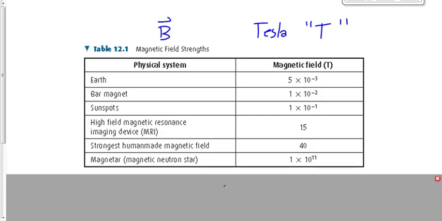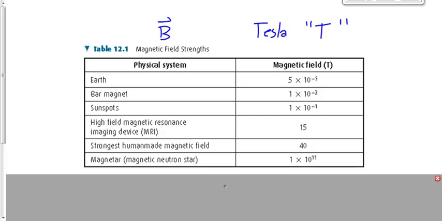Now, that doesn't sound very good. The good news is, long before you ever got to the magnetic neutron star, you would have died from some other cause. So you'd be dead long before you ever had to worry about the iron being sucked out of your blood. So don't worry about that, okay?